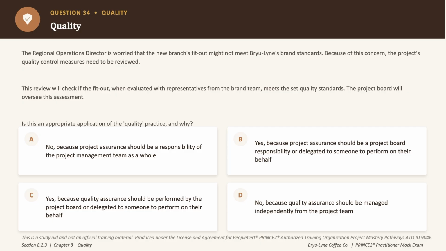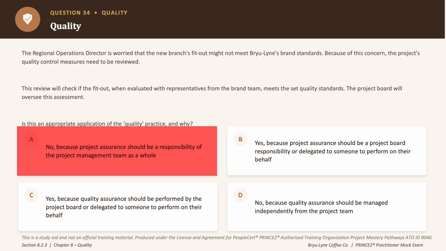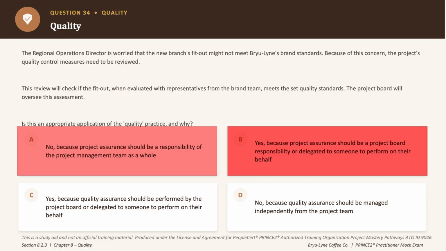Option A says no, because project assurance should sit with the project management team as a whole. Okay. Now it's a wrong team reference entirely. Okay. This scenario is about quality assurance, not project assurance. Okay. Because that scope is very different. Eliminated. Option B says yes, but again frames this as a project assurance rather than a quality assurance matter. So eliminated as well.